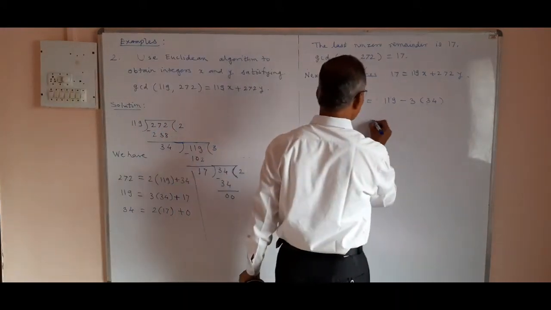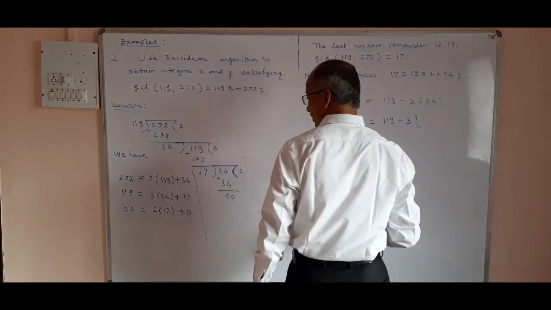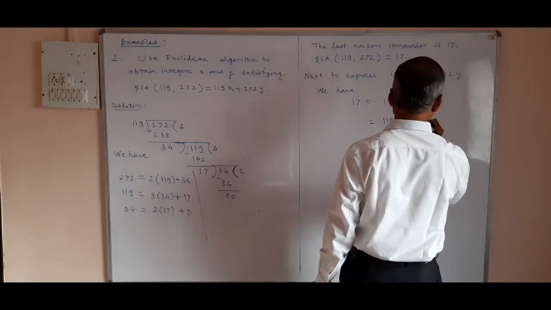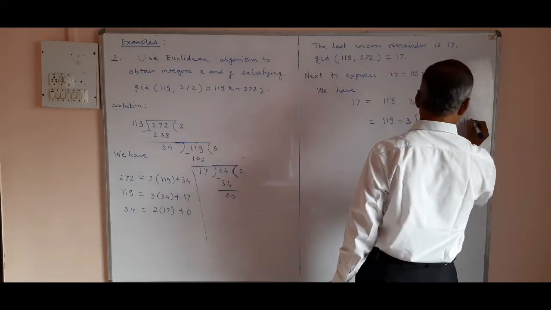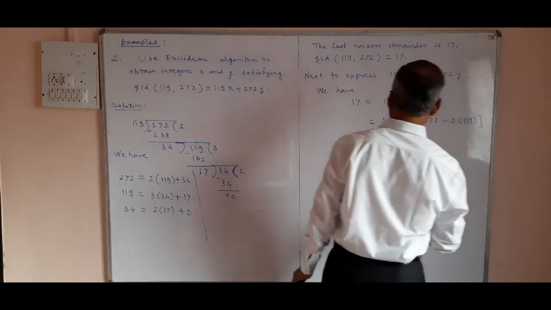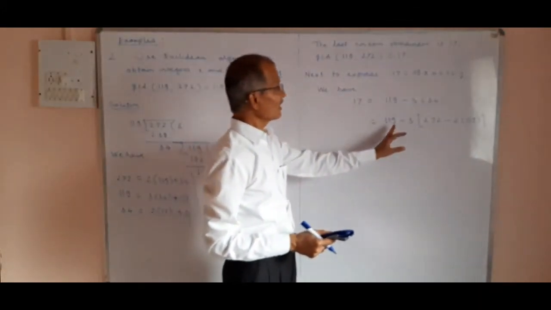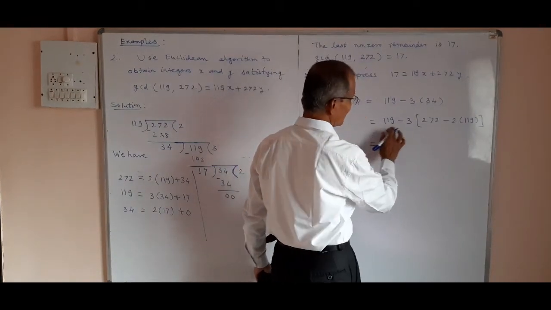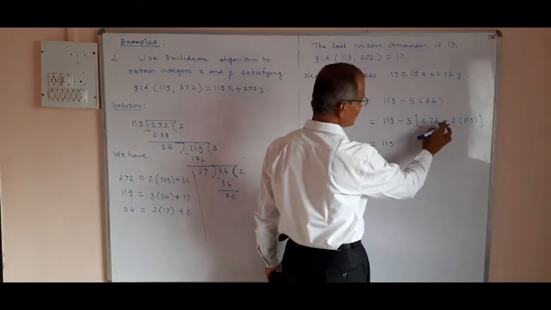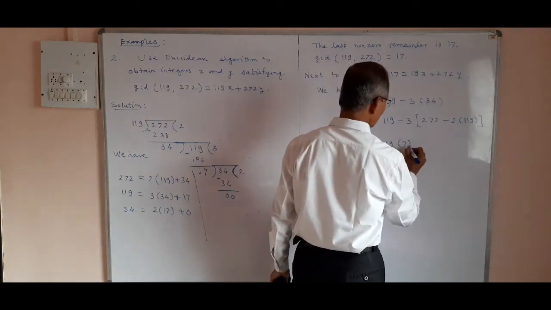So we keep 119 as it is, minus 3 into the bracket, 272 minus 2 times 119. Finally, we collect 119. How many terms are there? This is 1, and this minus 3 into minus 2 is plus 6. 1 plus 6 is 7.